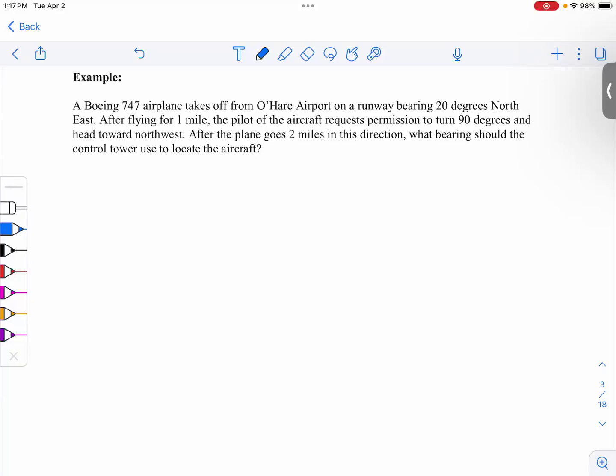After flying for 1 mile, so we have a bearing, 20 degrees northeast. After flying for 1 mile, that means actually we were given this distance.